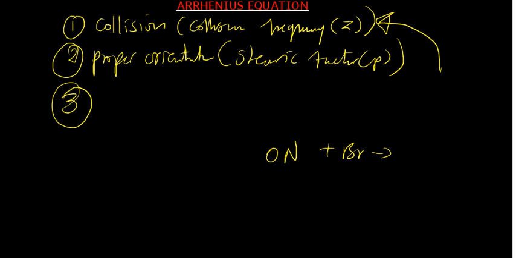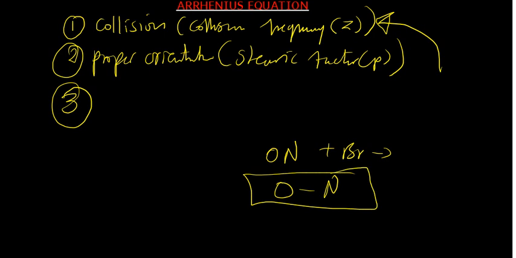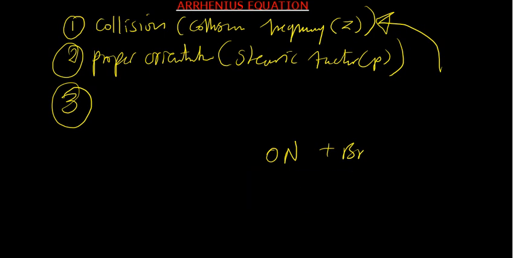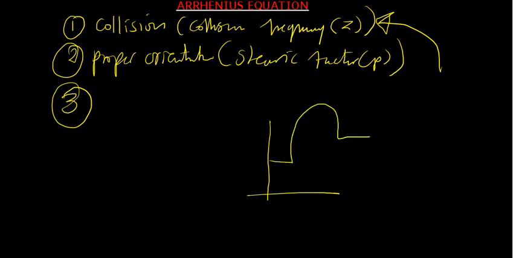So this bond, which is here between oxygen and nitrogen, has to be broken, and so you need energy to break that bond. Not only that, there is also what is called the activation energy barrier. For a chemical reaction to happen like this, there is this energy that has to be overcome.